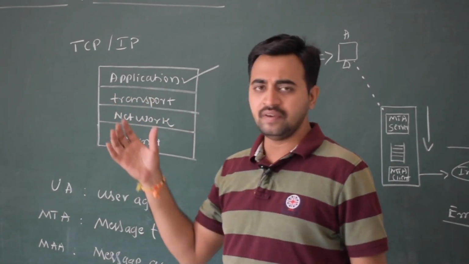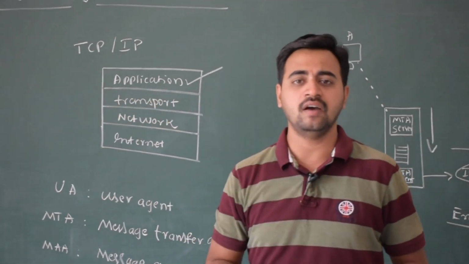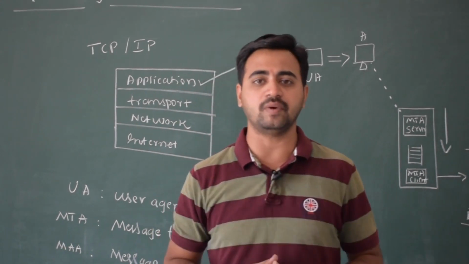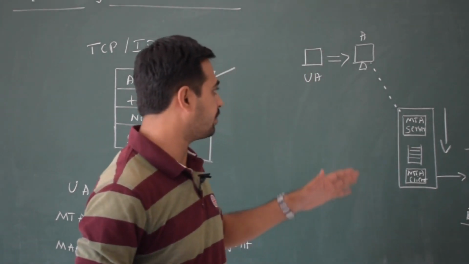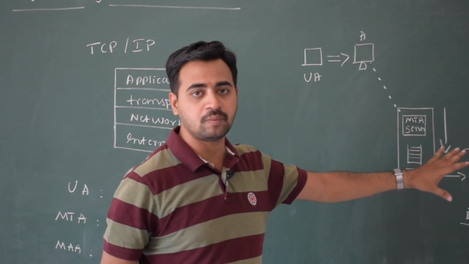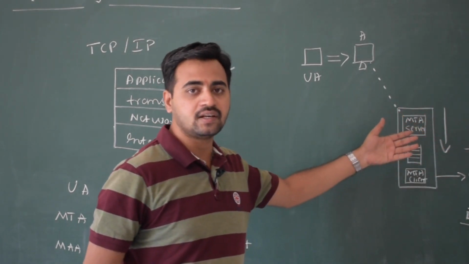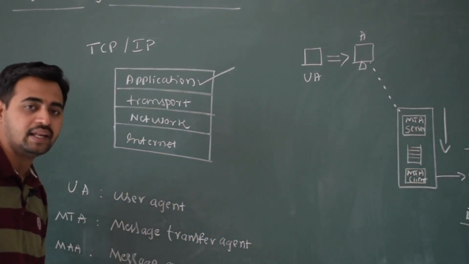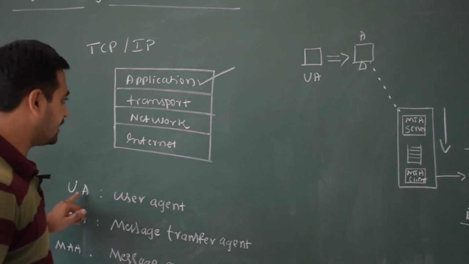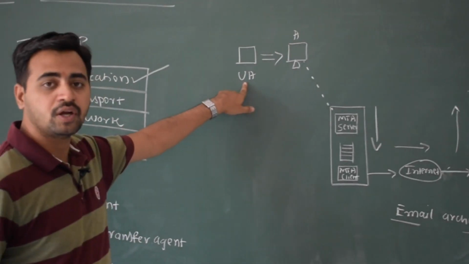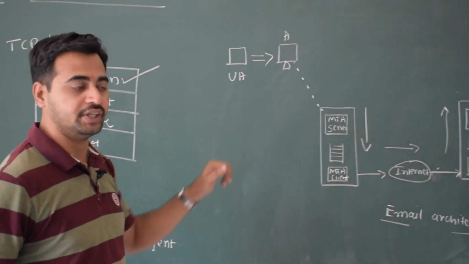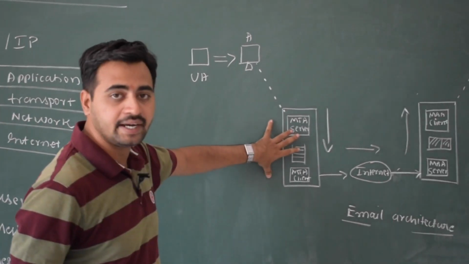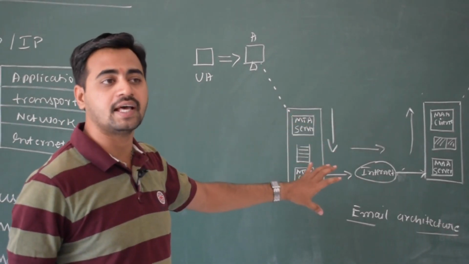For this, we have some technique, or we need to follow some architecture. What is that architecture? Just observe here, I have drawn one diagram. There are some abbreviations which need to be learned. First is UA. What do you mean by UA? User agent. And at the sender end, there will be a server called MTA.